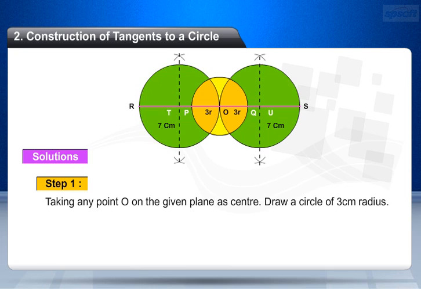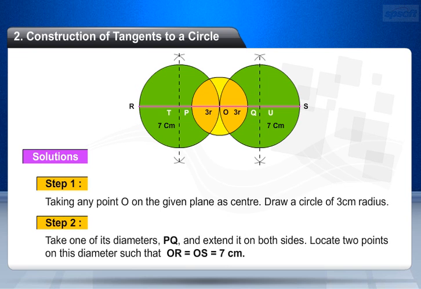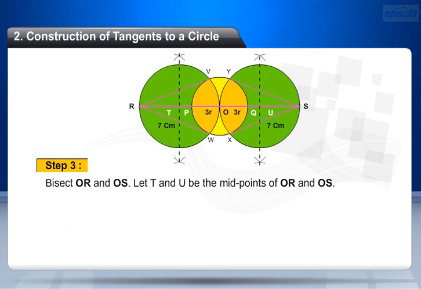Step 1. Taking any point O on the given plane as center, draw a circle of 3 cm radius. Step 2. Take one of its diameters, PQ, and extend it on both sides. Locate 2 points R and S on this diameter, such that OR equals OS equals 7 cm. Step 3. Bisect OR and OS.